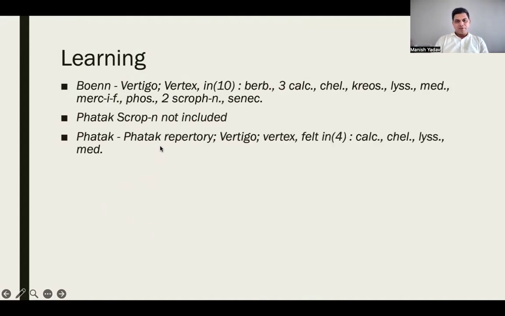If you see Patak repertory, vertigo, scrofula is missing. What I'm trying to show you here is that none of the repertories is perfect. Suppose somebody solves this case and says, I'll look in Fata. These 4 remedies are there.